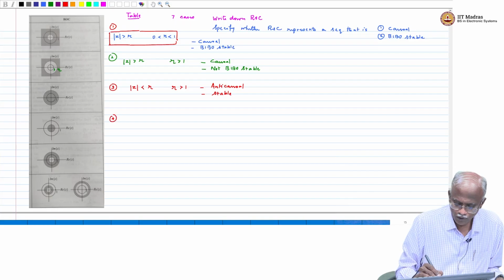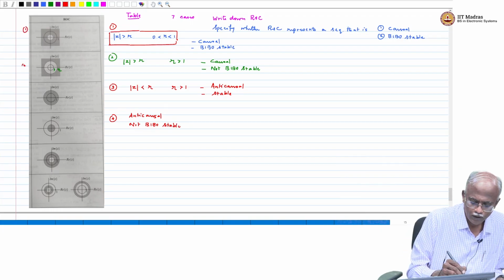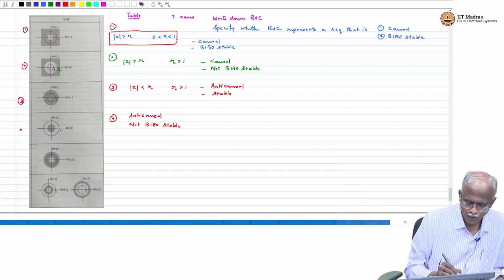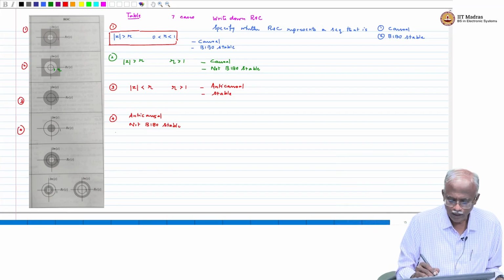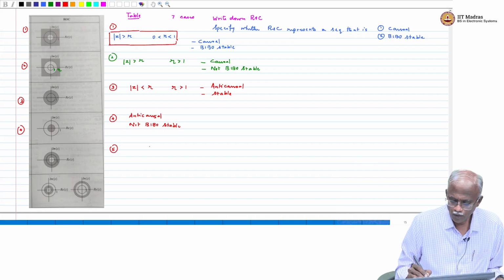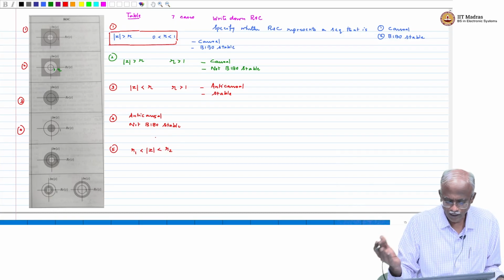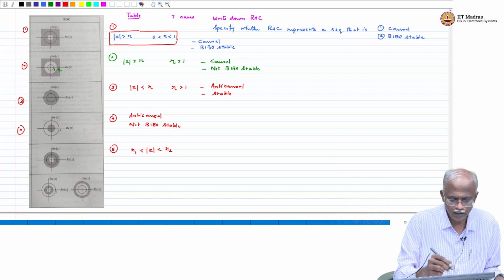Okay, number 4, look at the sequence. It is anticausal and not bibostable. Okay, so this is 1, 2, 3, 4, almost there. Number 5, mod Z is greater than R1, less than R2, and these are including the unit circle.